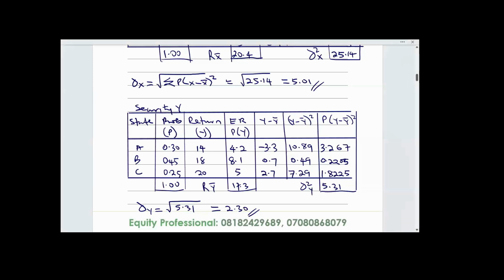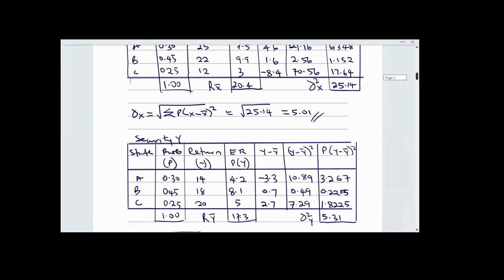So when you look at the return of security X, you will notice that it is 20.4, and the risk of security X is 5.01.